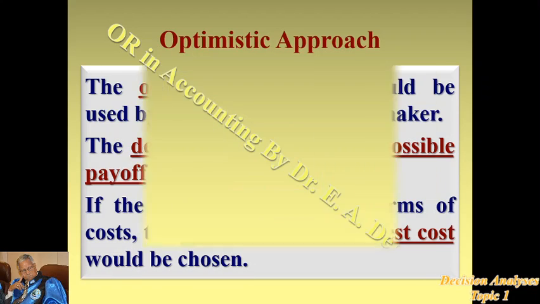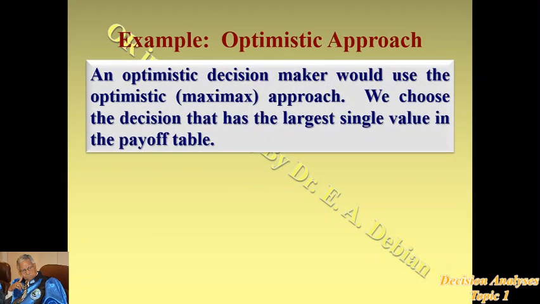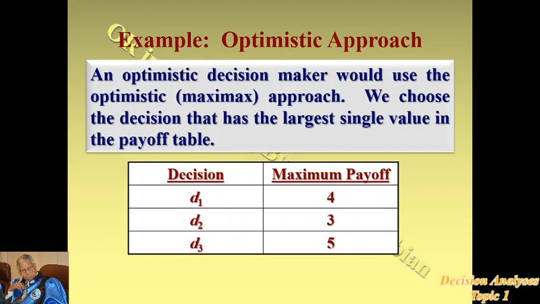His selection will be as follows. For decision alternative number 1, he will select the maximum payoff 4. For decision alternative number 2, he will select the maximum payoff 3. For decision alternative number 3, he will select the maximum payoff 5.